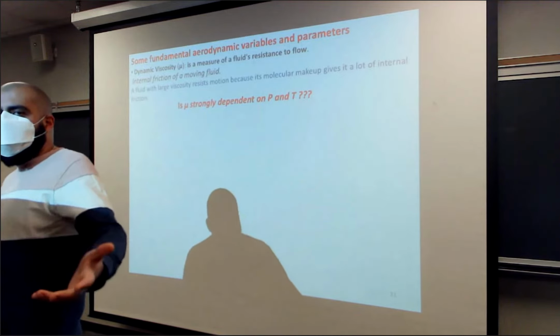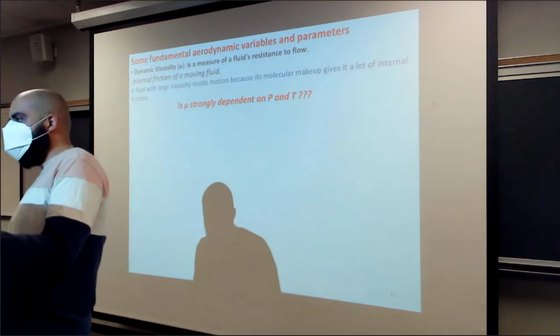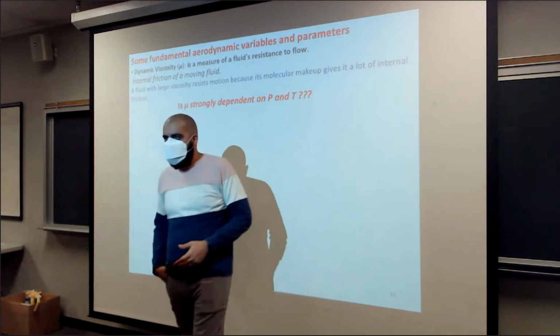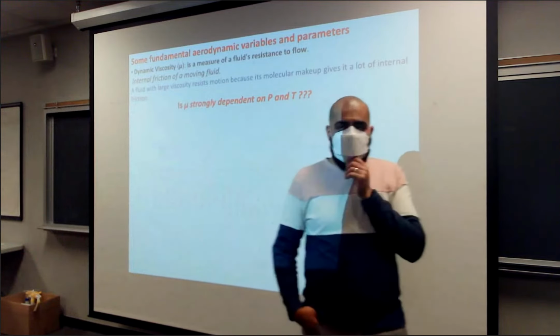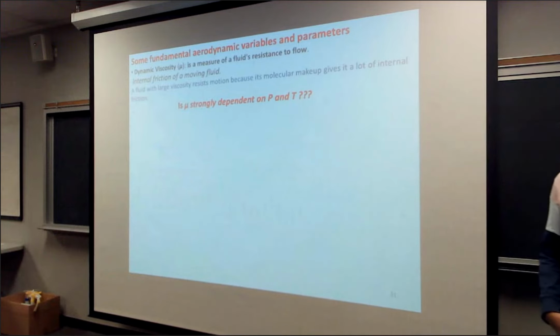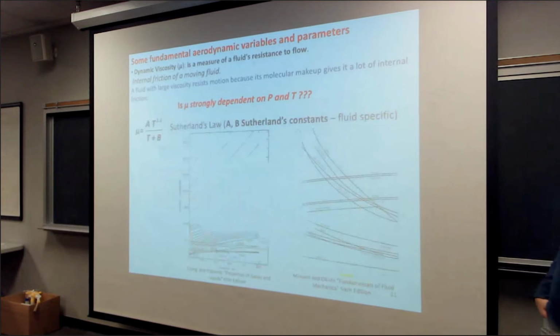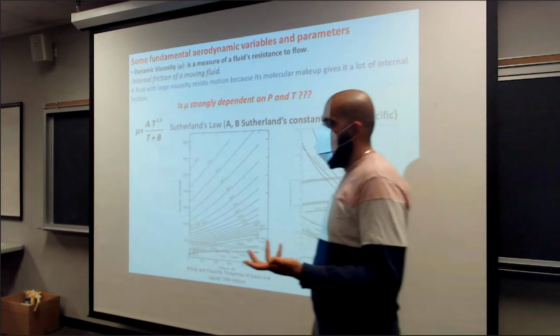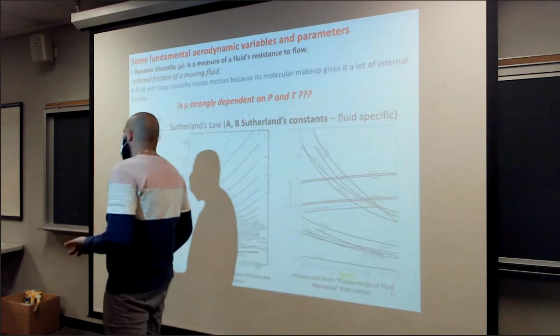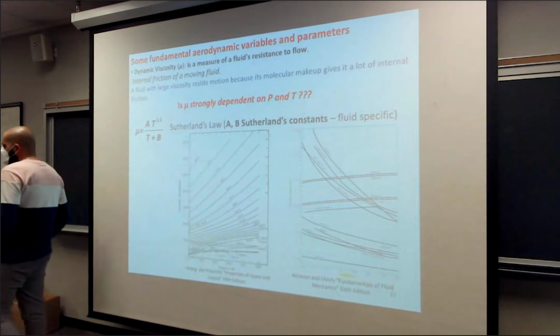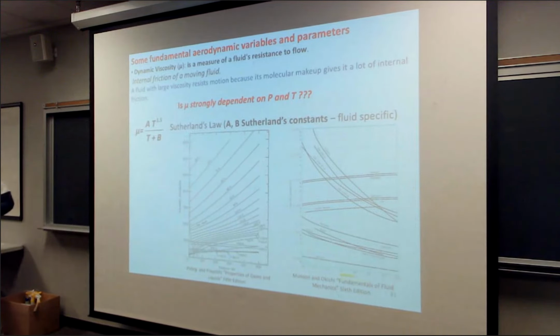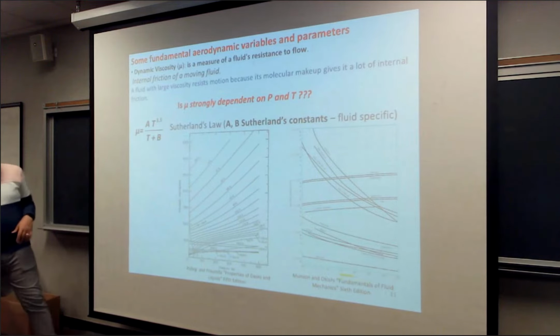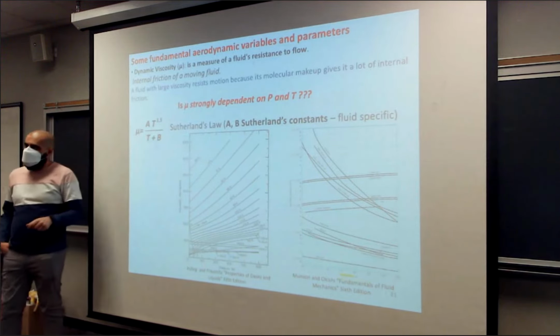So you don't need any mechanical or aerospace engineering analysis to understand that viscosity depends on temperature or pressure. There are many laws that govern this dependence. One of the most important ones, which we will see later in the course, is Sutherland's law, which gives the relationship between viscosity and temperature.